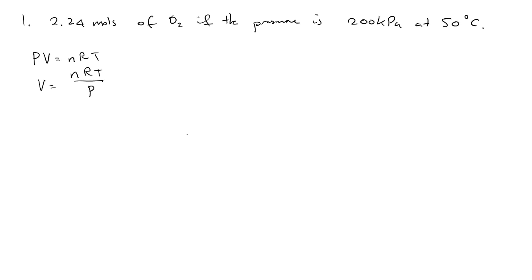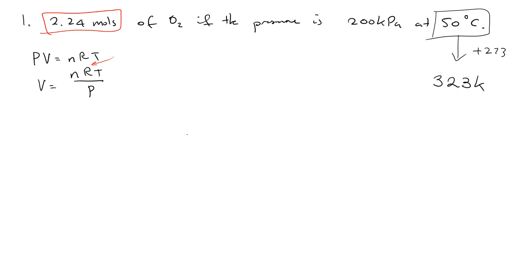Now we have the number of moles. R is the gas constant, 8.31, and T is 50 degrees. But make sure you convert degrees Celsius to Kelvin first. So you add 273, so that becomes 323 Kelvin. So that's our temperature, and our pressure is 200, because it's 200 kilopascals.